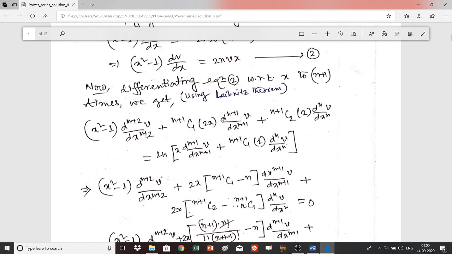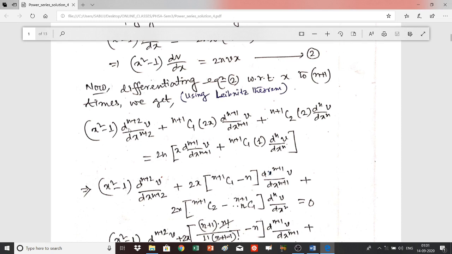Then the next term is n plus 1 c1, and the first order differentiation of this term, that is 2x, and then the differentiation of v will be one order lesser than the previous term, that is n plus 2 minus 1, or d^(n+2-1) by dx^(n+2-1).